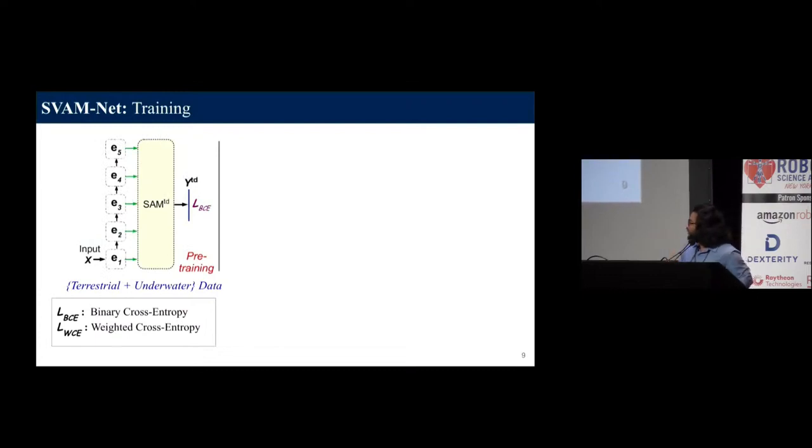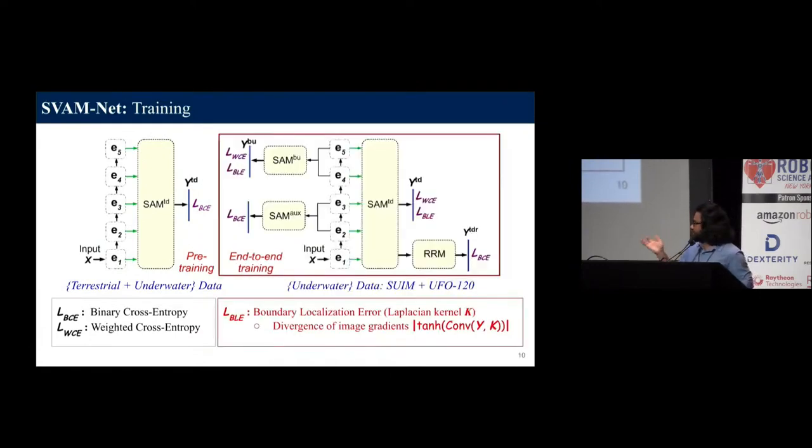And as I mentioned, for training, we pre-train the backbone first with comprehensive terrestrial and underwater images, and then we fine-tune the end-to-end model on underwater images only. We use the traditional cross-entropy loss and the binary localization error term, which we formulated. Please refer to the paper for the detailed loss function formulation, training pipeline, and evaluation pipeline.